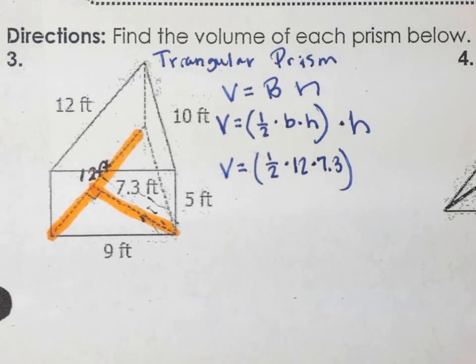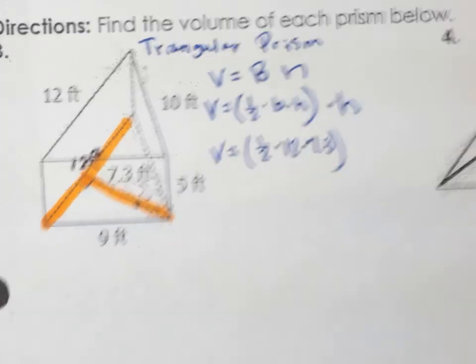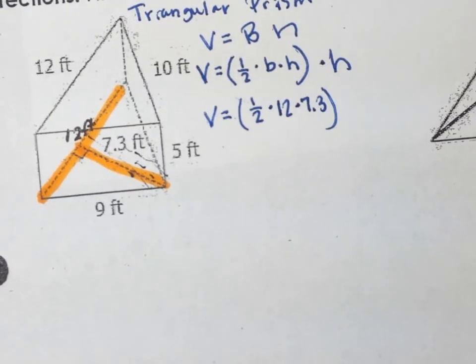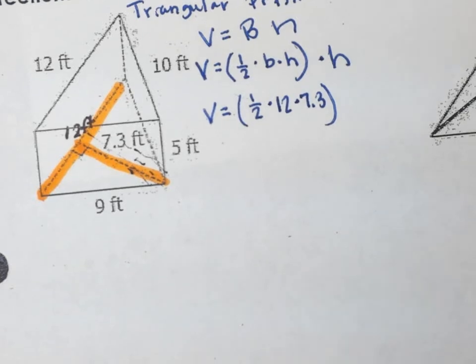What shape are my two bases again? Triangles. What's the height between the triangles? Between the two triangles, what's the height? Oh my God, y'all can't see. 5. I said that. You're the only one who said it. Everybody else saying some crazy number.